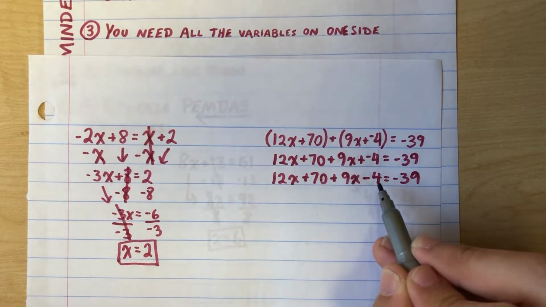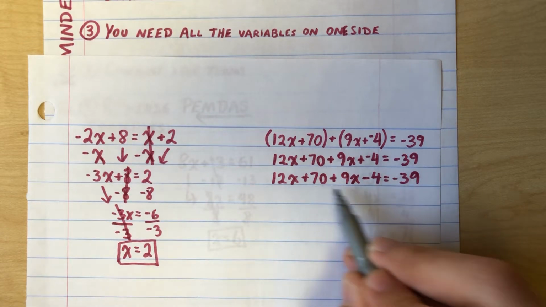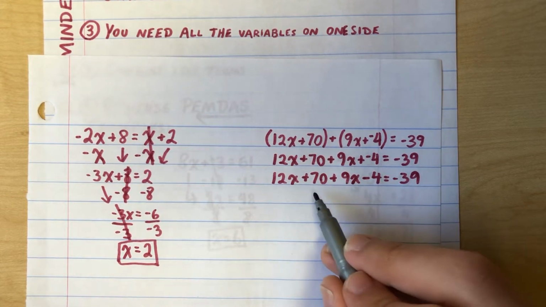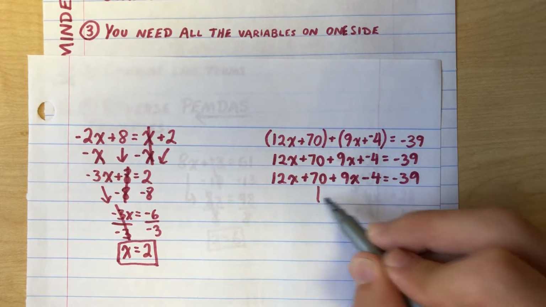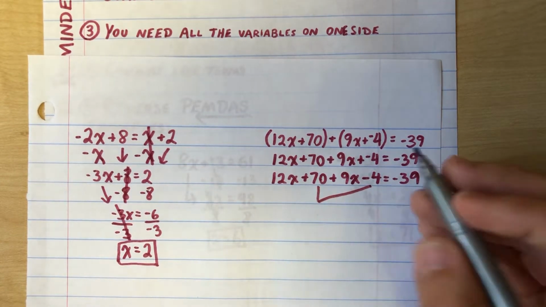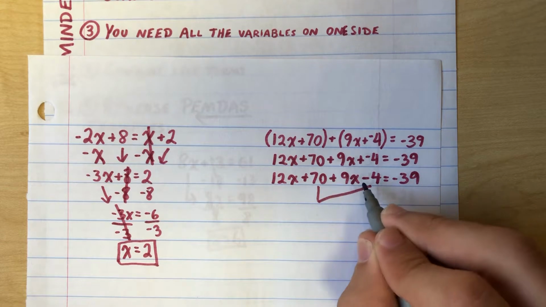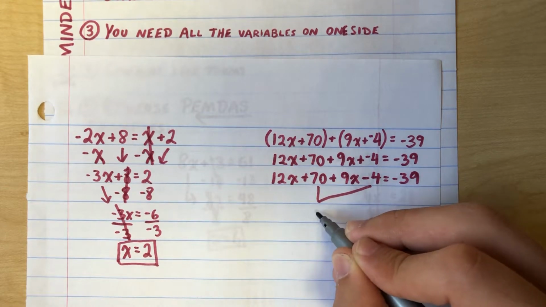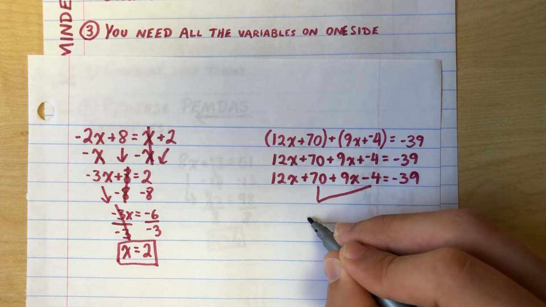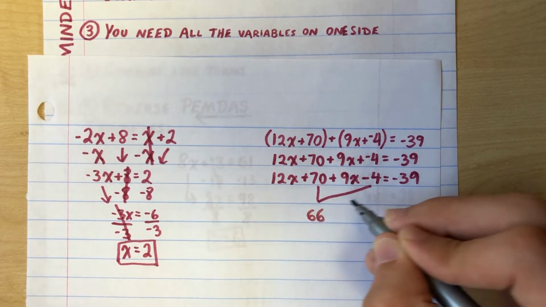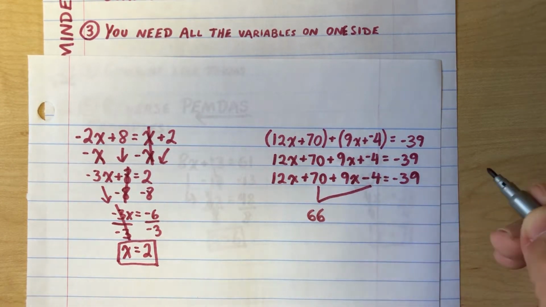This 70 and this -4 here are like terms because they are both constants, meaning they have no variables with them. So I'm going to take this and this first, and then 70 minus 4 is the problem you're dealing with. So positive 70 combined with -4 is 66, because 70 minus 4 is 66.